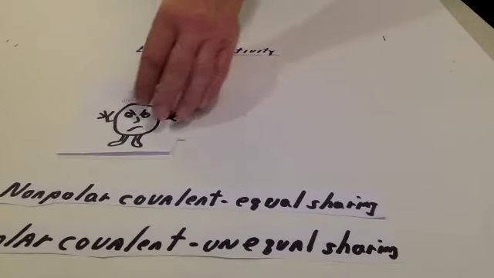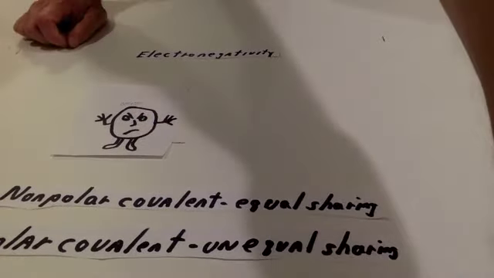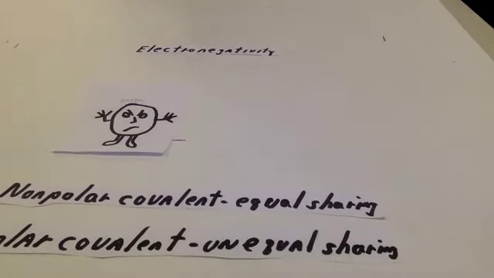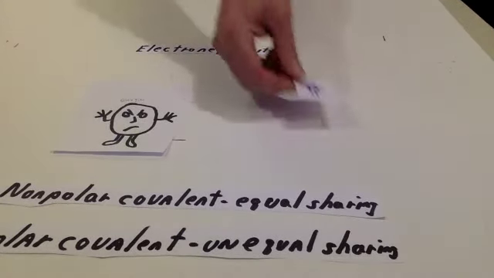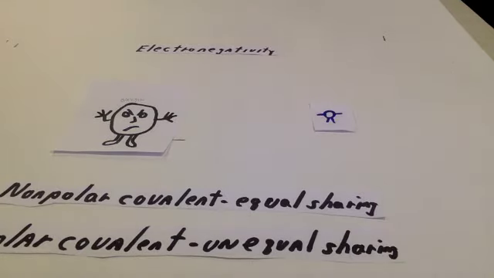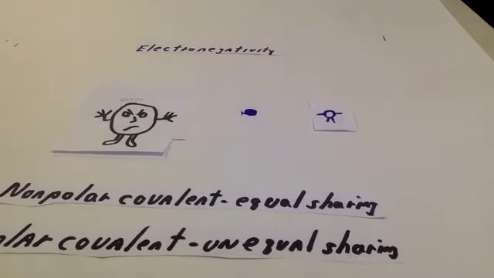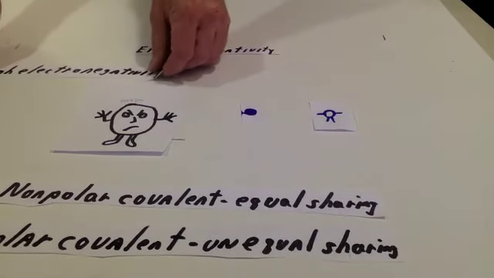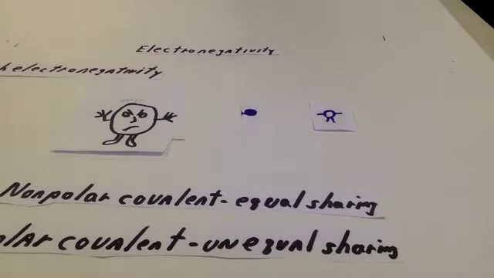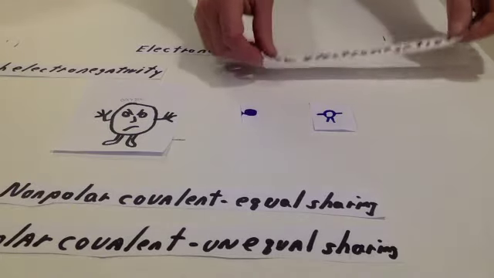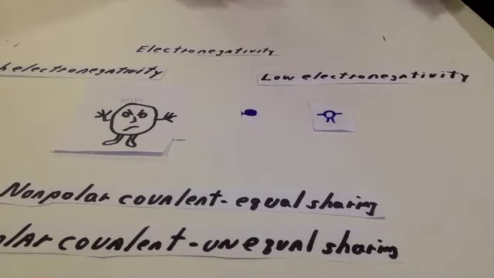And you should know that oxygen has a very strong pull on an electron, a very strong attraction for electrons, where hydrogen has a very low electronegativity, a very weak pull on an electron. So again, oxygen has a high electronegativity. Hydrogen has a low electronegativity.